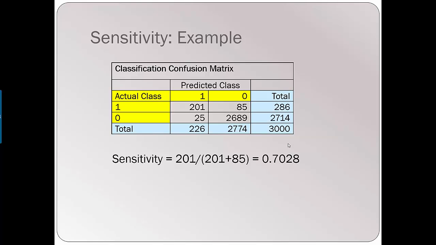In medical terminology, this is very important: if you're trying to diagnose a disease and the event is the presence of disease, you want the diagnostic technique to be very sensitive, able to predict the cases, the events, very well. So you want very high sensitivity in these cases.